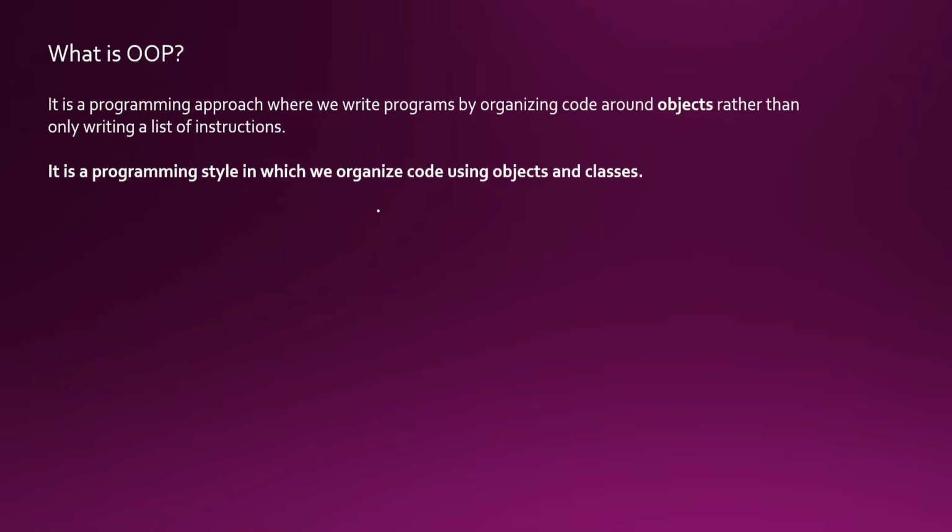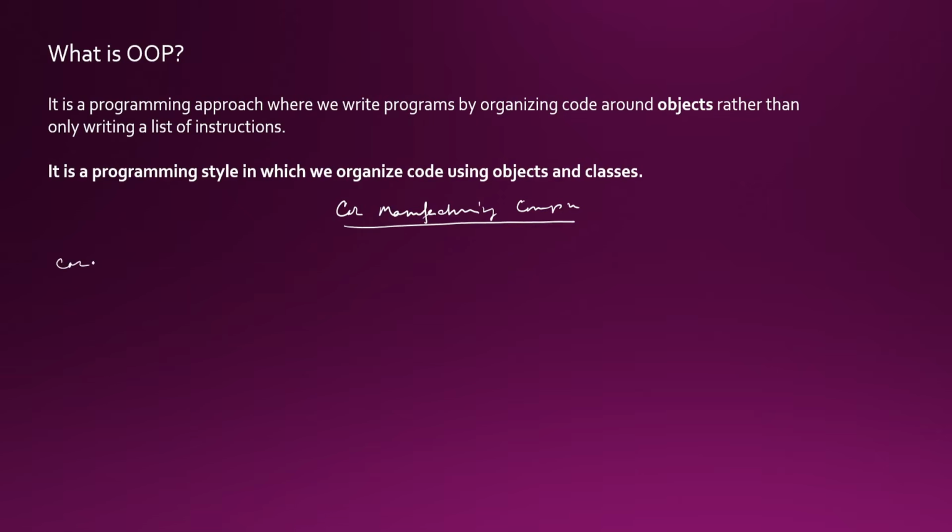Now let's suppose we are a car manufacturing company. Now we have to create multiple cars and store all the data. So for example, now there are two options. One is manual.